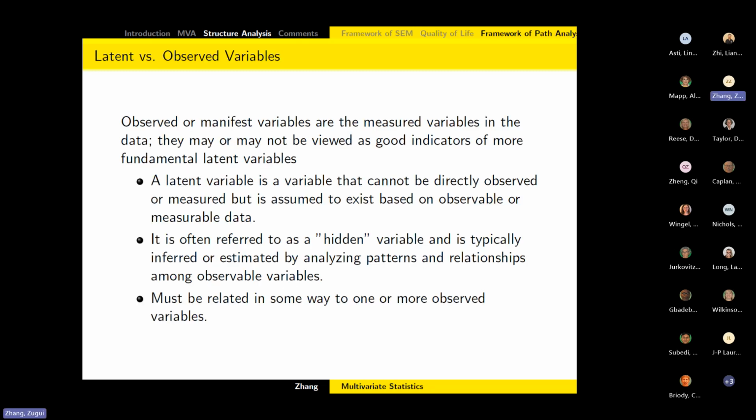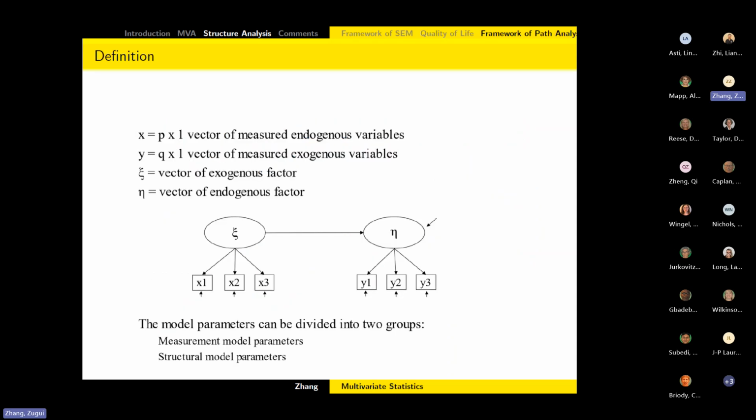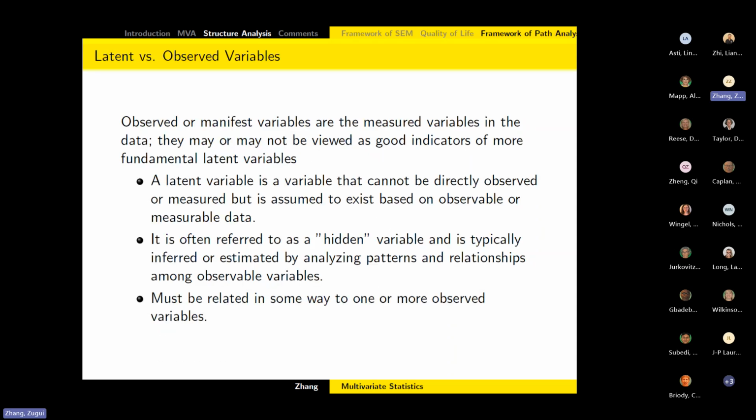So here, since we have observed and unobserved variables, we will have latent versus observed variables. Observed or manifest variables are the measured variables in the data. They may or may not be viewed as good indicators of more fundamental latent variables. A latent variable is a variable that cannot be directly observed or measured, but is assumed to exist based upon observed, measurable data.